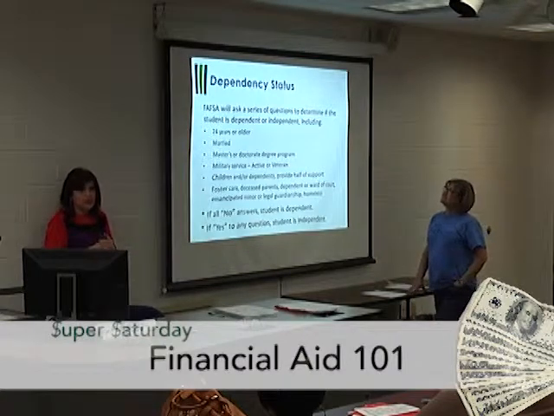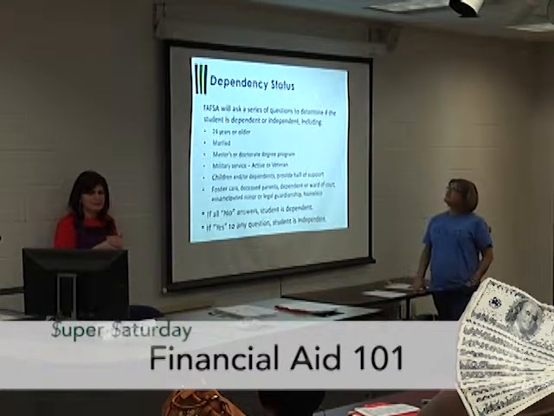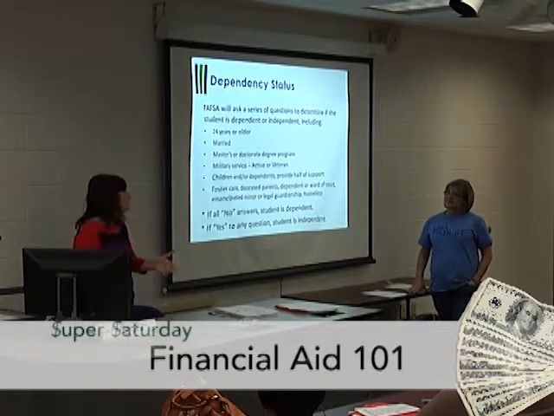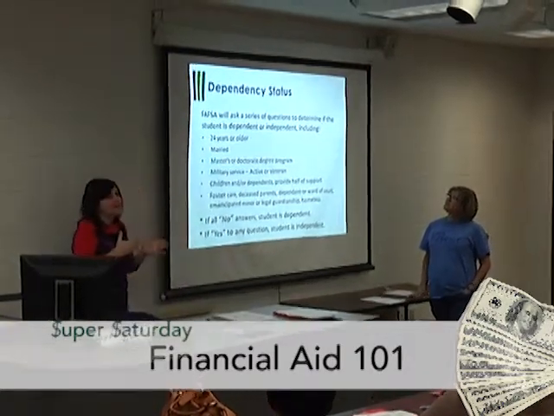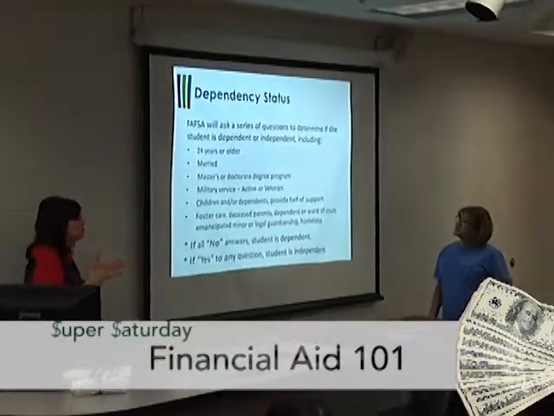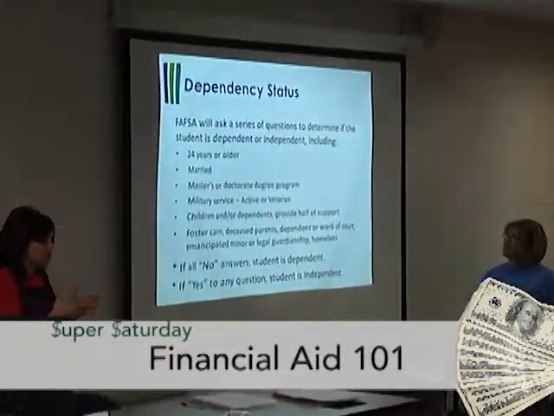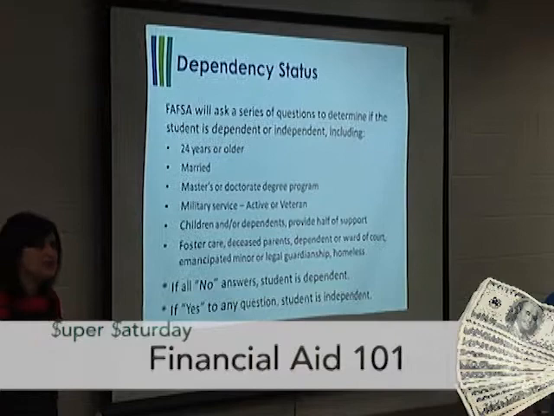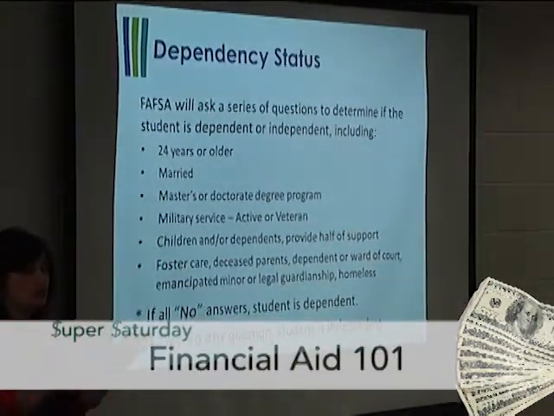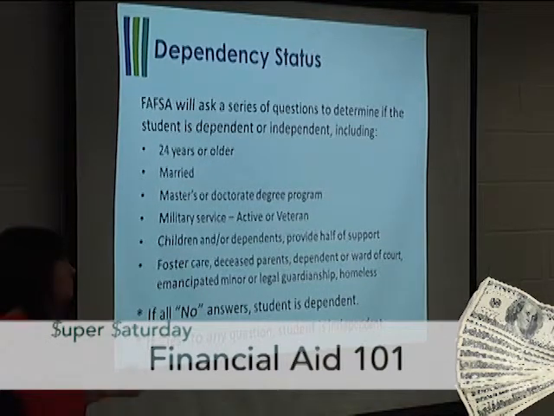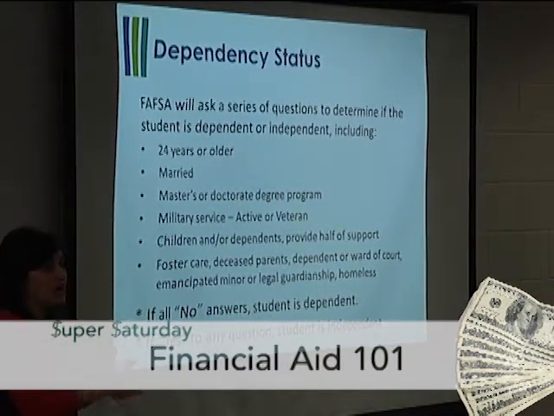24 years old. Your dependency status is based on this information. I'm not going to read it all to you. You can look at it. But that is also an institutional specific decision-making process. Say, for instance, you may have friends who live with an aunt or an uncle.